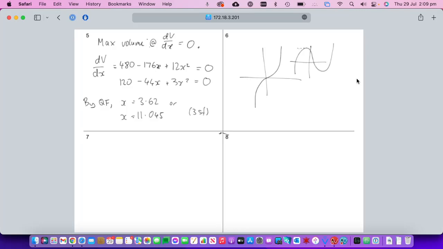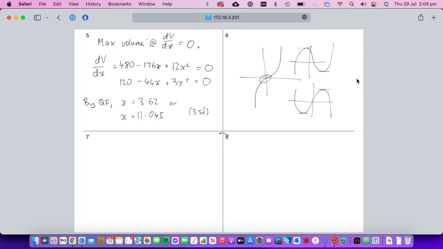So either it has a point of inflection or it has a maximum and a minimum. That could be reversed by a reflection, so it could be like that. That could be the minimum, that could be the maximum. One of them is a maximum, one is a minimum, and I don't know which is which. Okay?